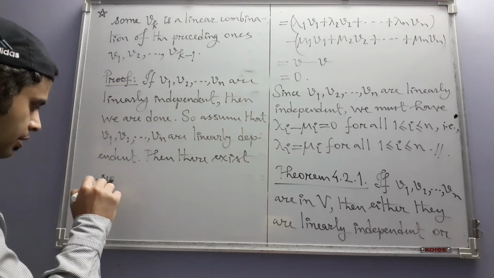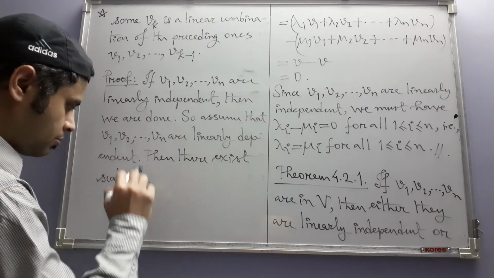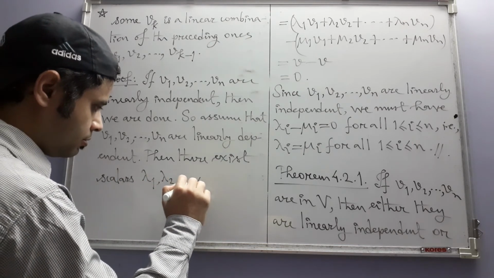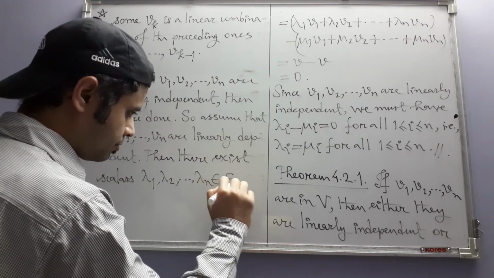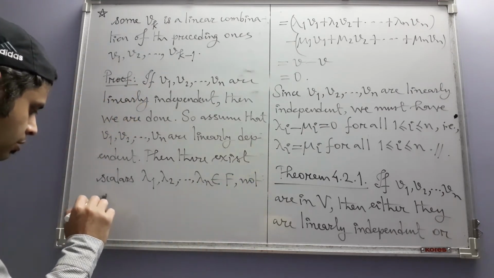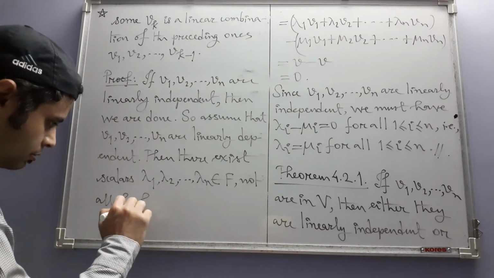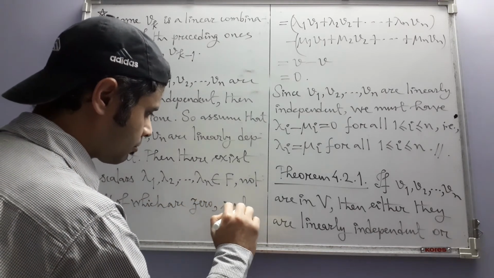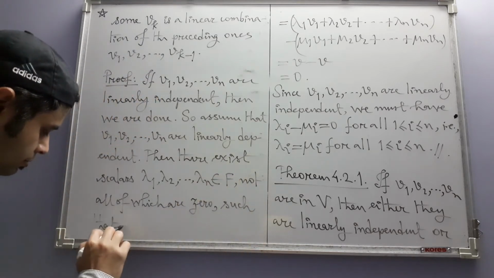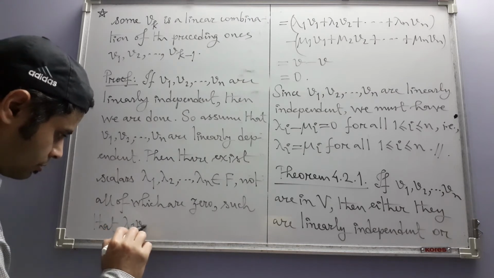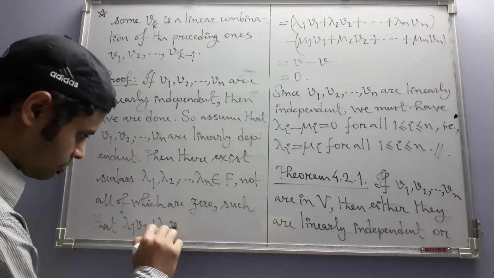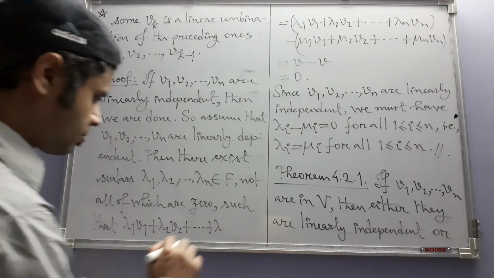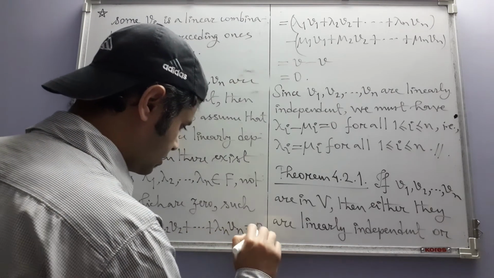Then there exist scalars lambda 1, lambda 2 to lambda n belonging to F, not all of which are 0, such that this linear combination is equal to 0.